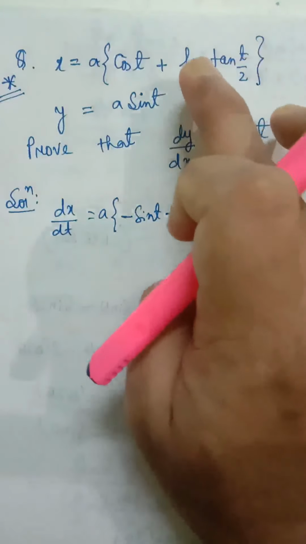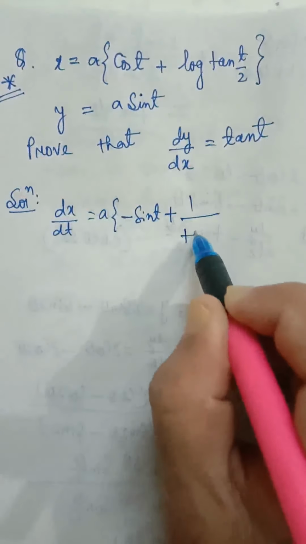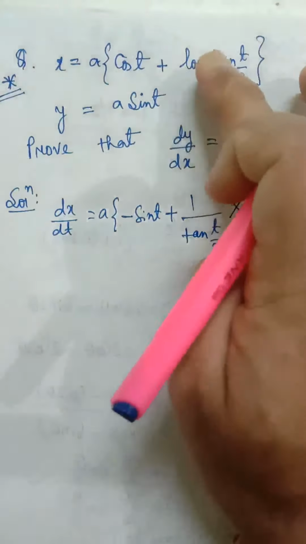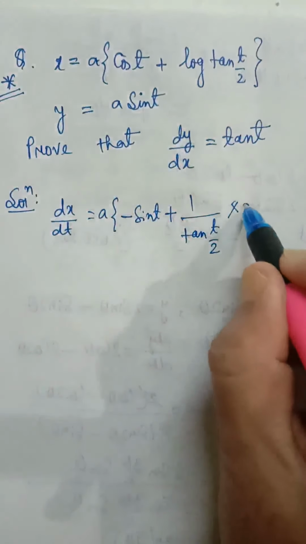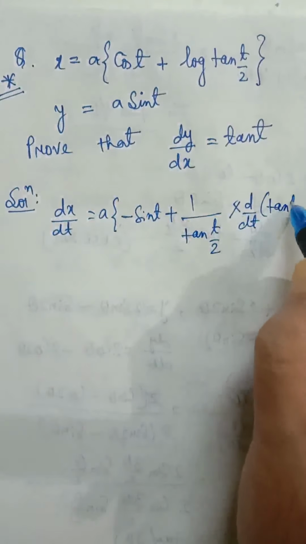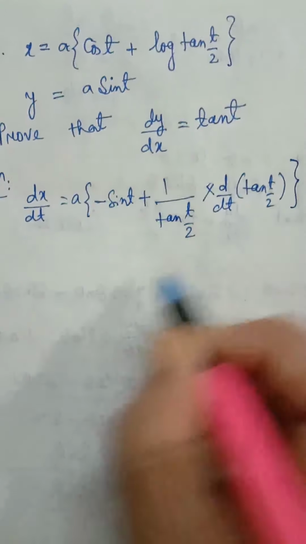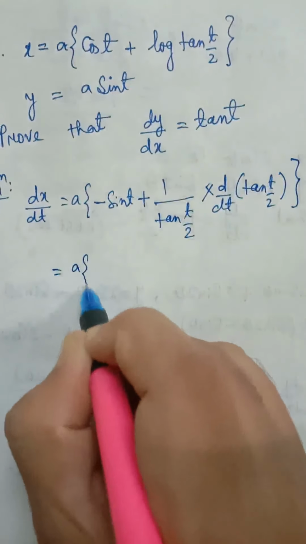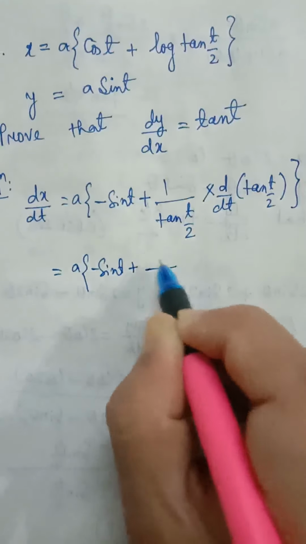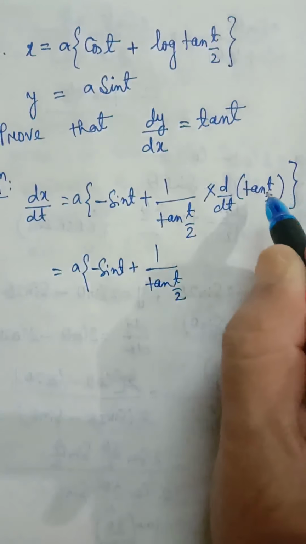We have to think in this way: log of x, derivative will be 1 by x, into, we have considered this as x, we have to multiply by derivative of tan t by 2. A into minus of sin t plus 1 by tan t by 2, derivative of tan t by 2.